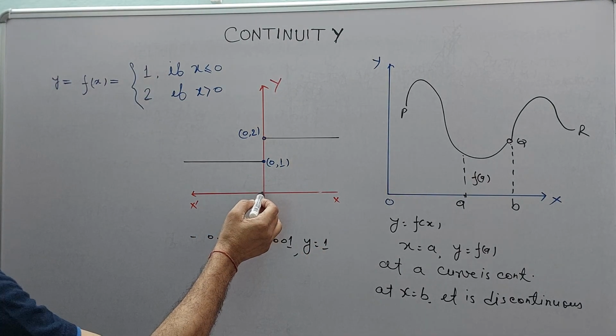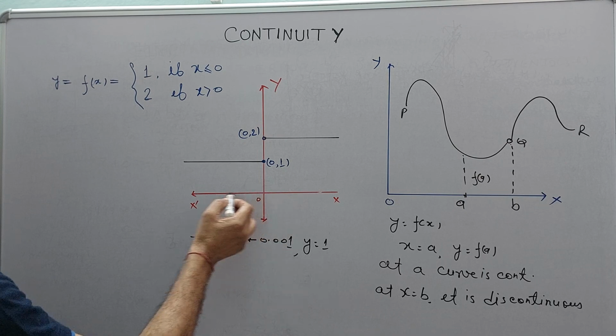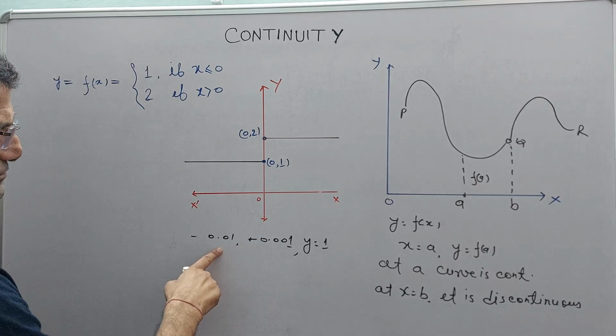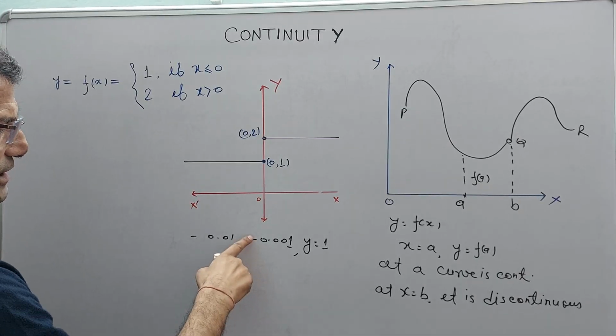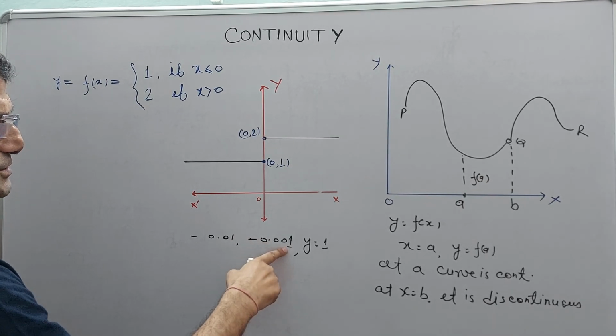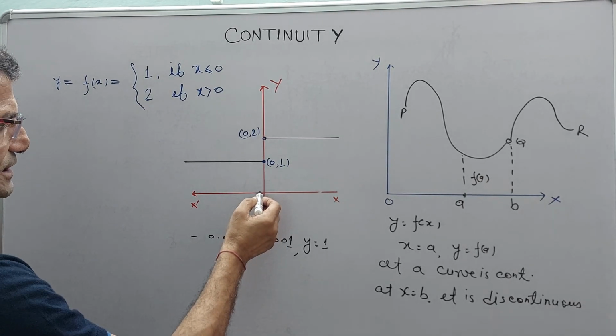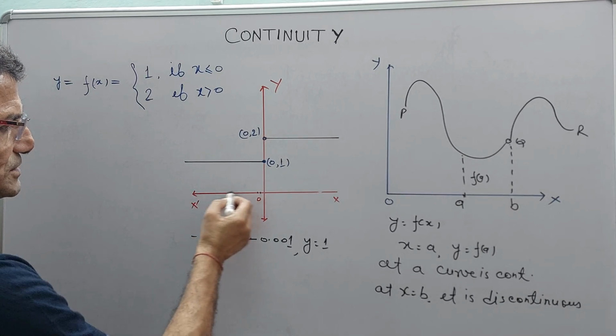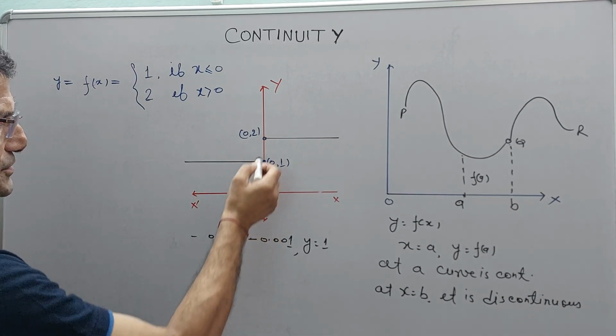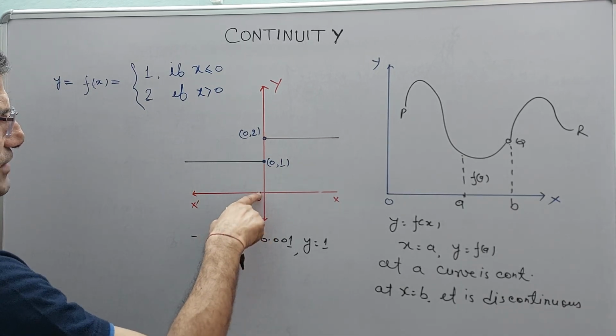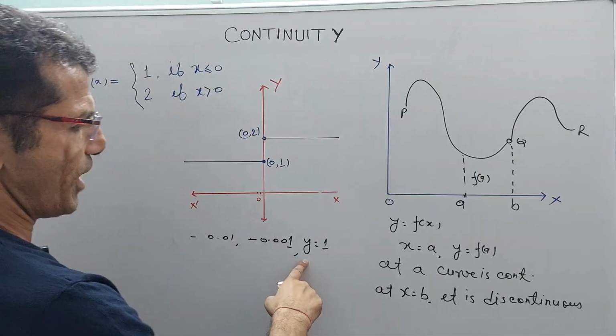All values of x less than 0 along this part give y equal to 1. I have taken some values, minus 0.1 and minus 0.01, so these points are in this area, approaching nearby 0. The corresponding value is y equal to 1.